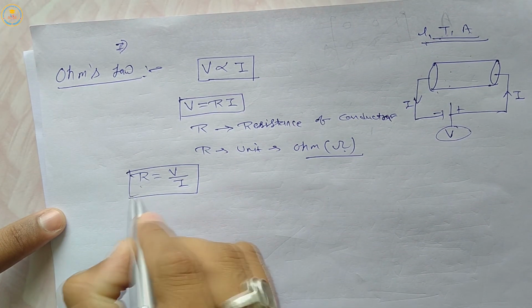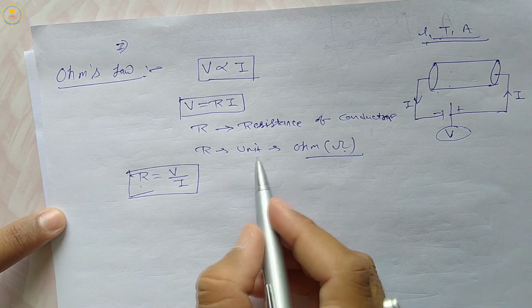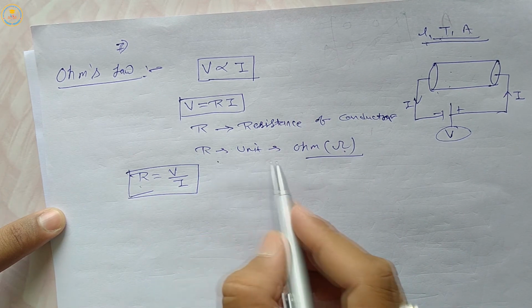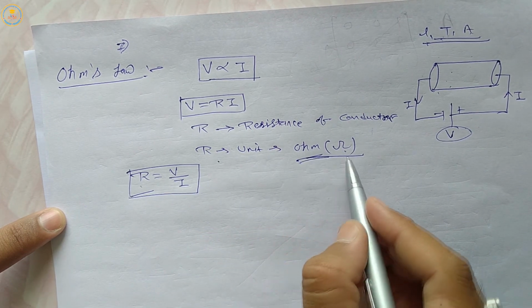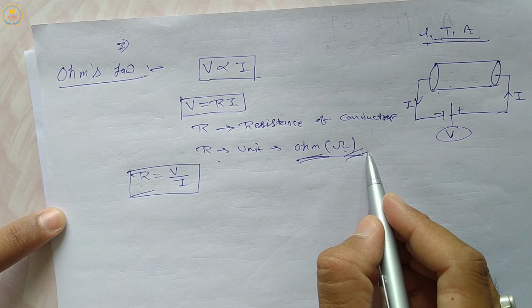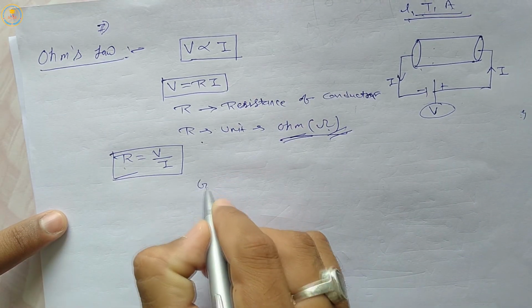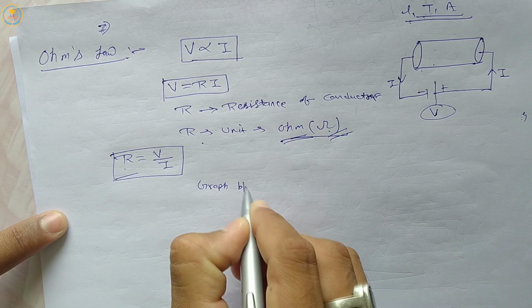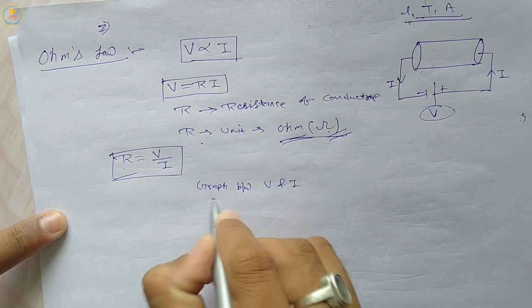Okay, the unit of resistance is ohm, which is represented by this sign.